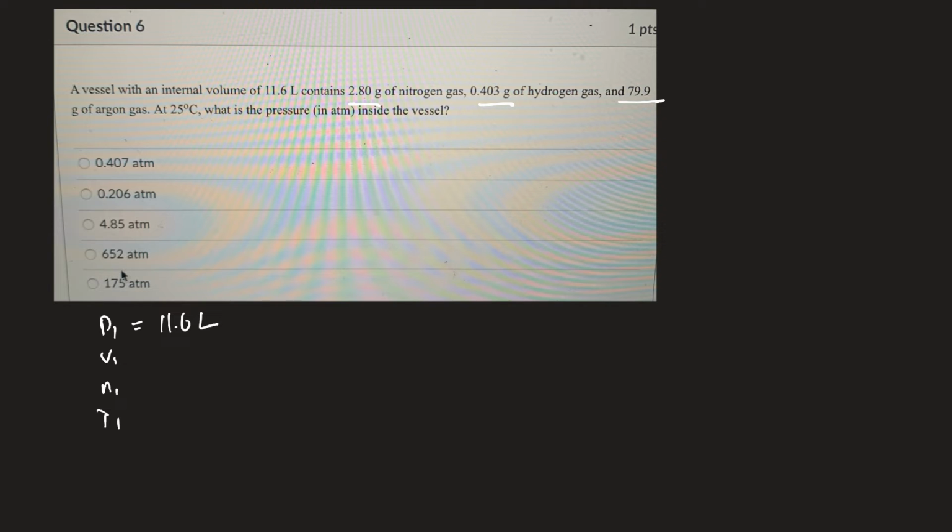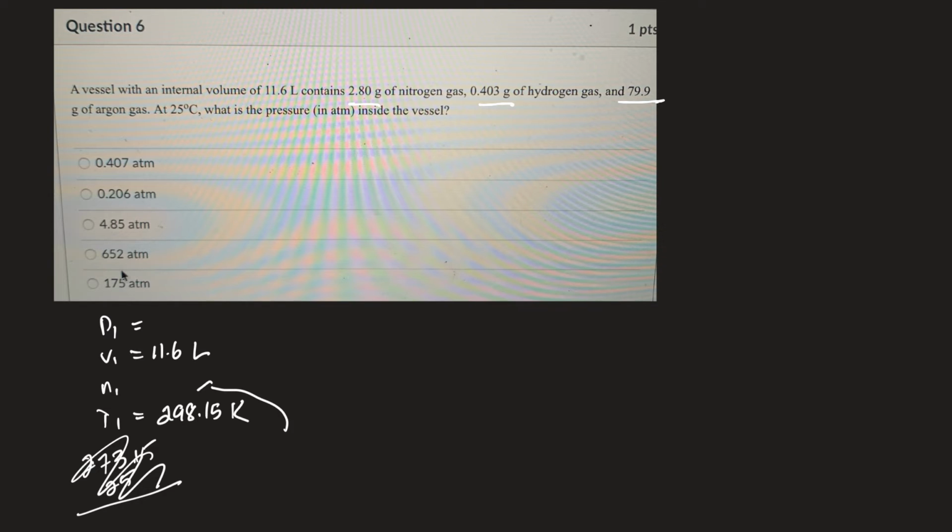At 25 degrees Celsius, okay, I think that's 298.15 Kelvin. I think that's right. 273.15 plus 25. Yeah, that's right. I put the volume in the wrong spot. The volume is 11.6 liters.